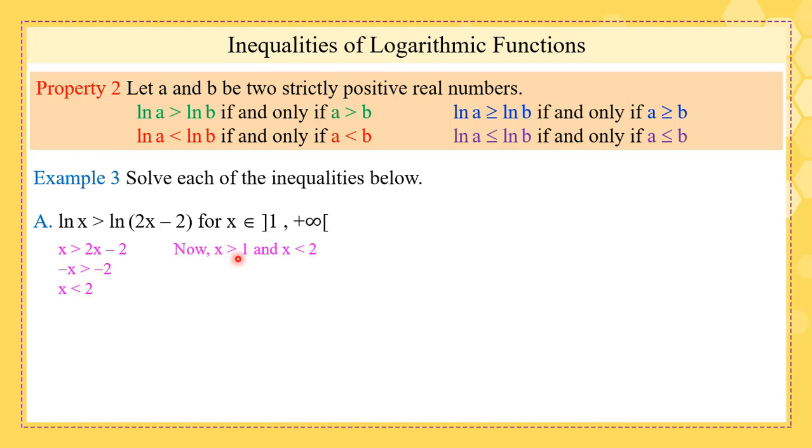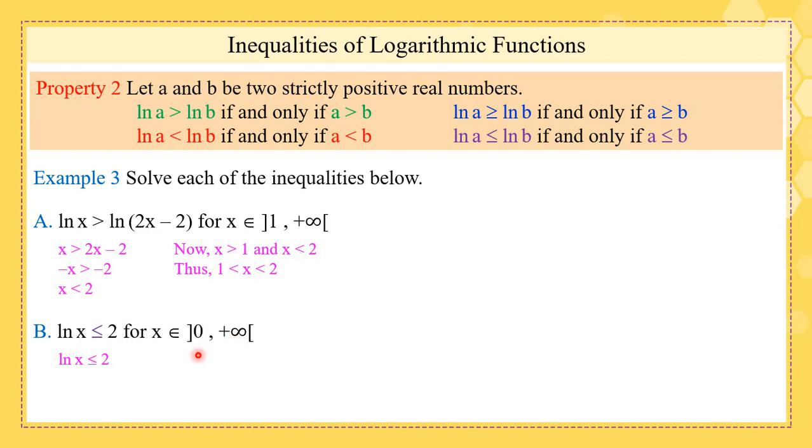Now we have x is greater than 1 from the domain of definition and x is smaller than 2 from the inequality. So if x is greater than 1 and smaller than 2, the answer would be x is between 1 and 2. Then x is smaller than or equal to 2 for this condition.